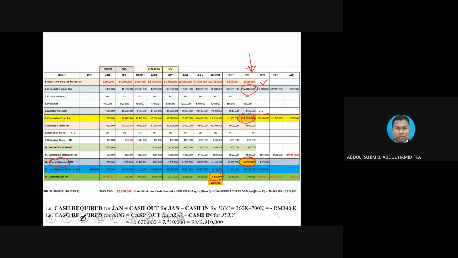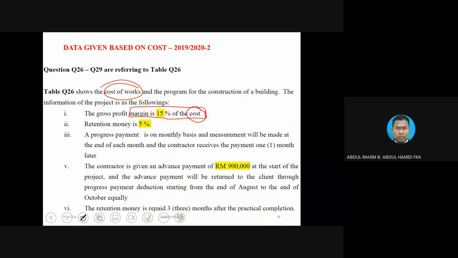The maximum cash required happening in August. So that will be the third question. And the fourth question is here. Payment received on what particular month. So focus on monthly payment, not the cumulative. Cumulative is meant for us to calculate the cash required. Okay. All right. So that is a typical final exam question.